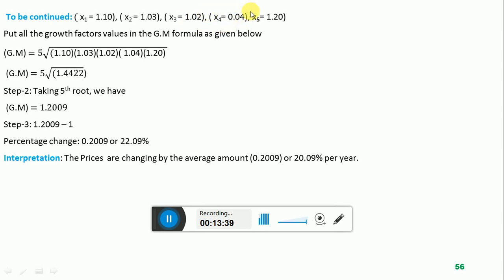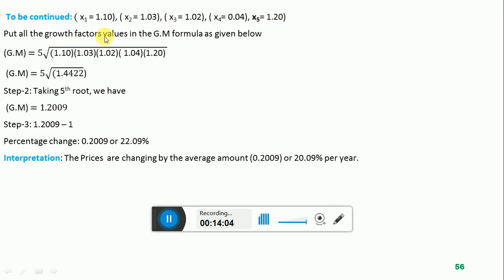This is a writing mistake. This is not 0.04, this is 1.04, because to develop the growth factor, the statistician has to add 1 to the percentage change. Here the percentage change is 4%, but the 1 is missing, so when we add 1 to the 4%, it will be 1.04, not 0.04, and X5 is 1.20.